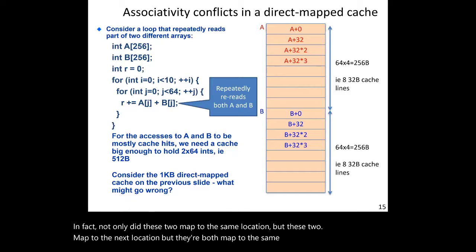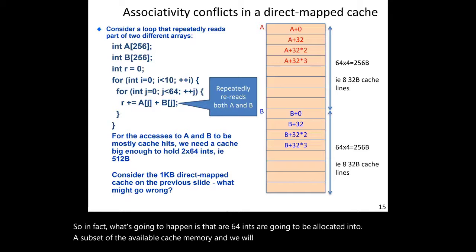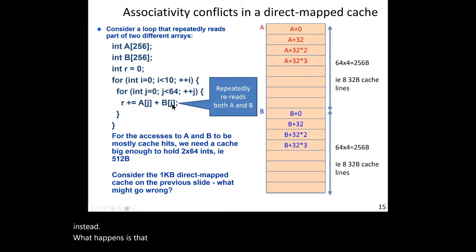So in fact, what's going to happen is that our 64 ints are going to be allocated into a subset of the available cache memory, and we will leave much of our direct mapped cache unused. Instead, what happens is that we repeatedly displace each allocation.